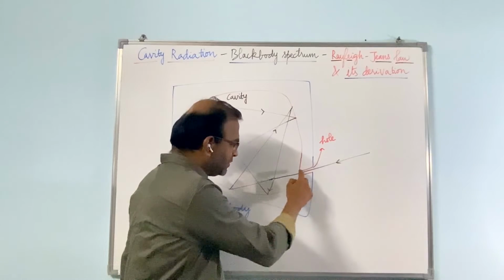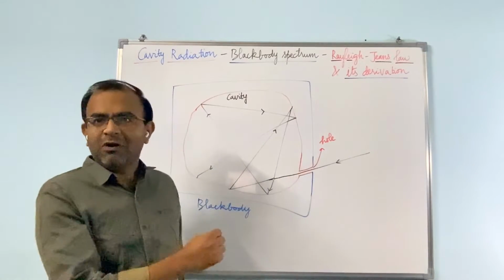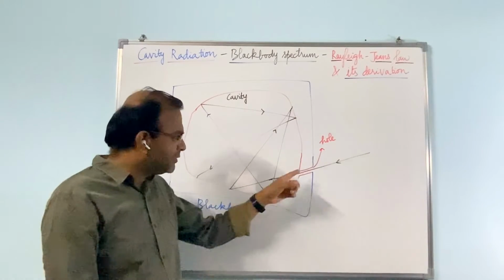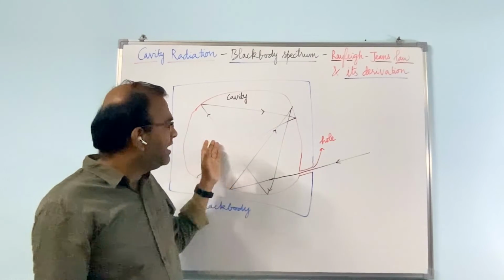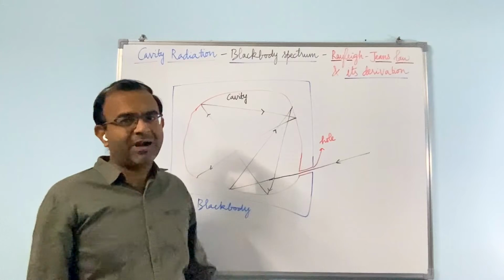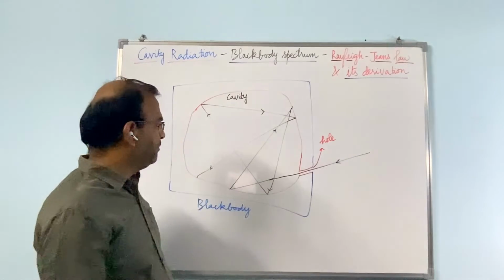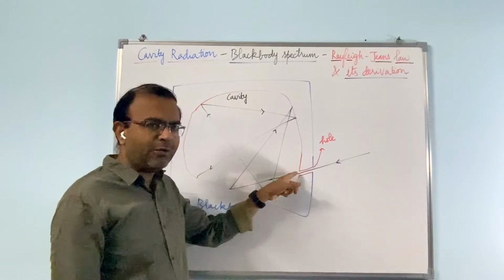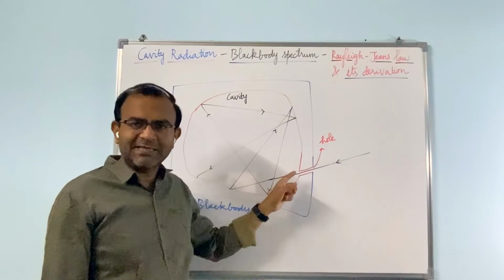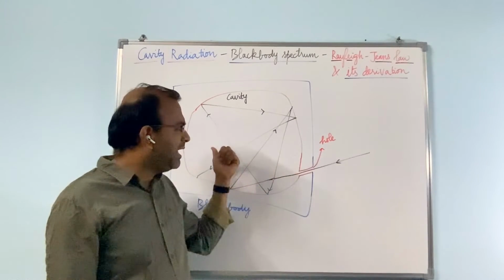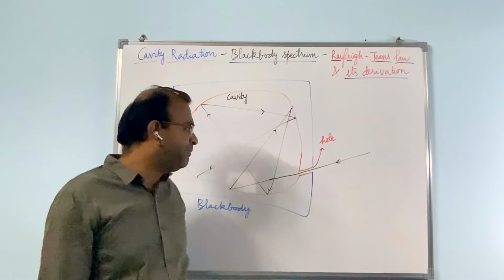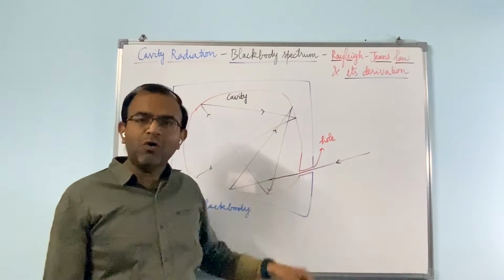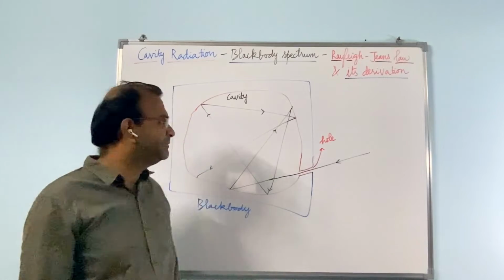Now, the surface of this hole allows a small amount of radiation to pass through to this cavity, and the radiation that enters this cavity undergoes multiple reflection before getting completely absorbed. Now, this hole therefore absorbs all radiation that is incident upon it and only lets out a small fraction of the radiation from inside to the outside world. So the surface of the hole behaves like a true black body.